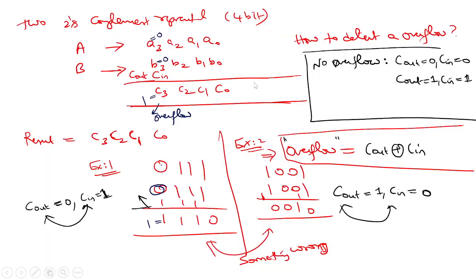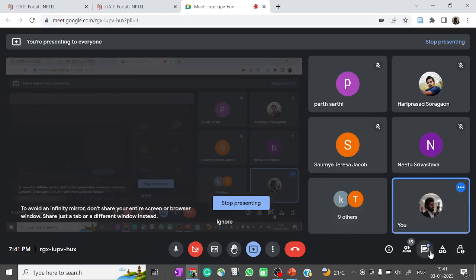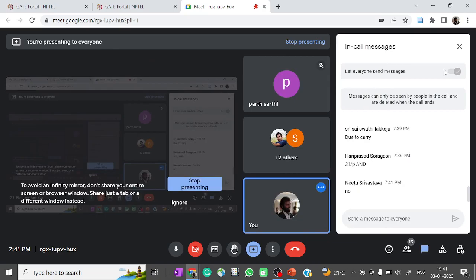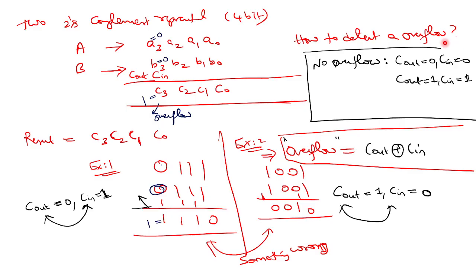So what I'm saying is this. If A3 is 0, B3 is 0, C3 is 1, then there is an overflow. Do you guys agree? Or if A3 is 1, B3 is 1, C3 is 0, again there is an overflow.